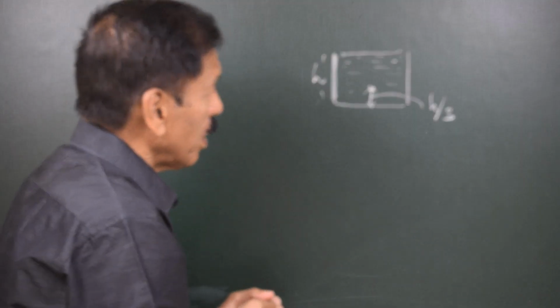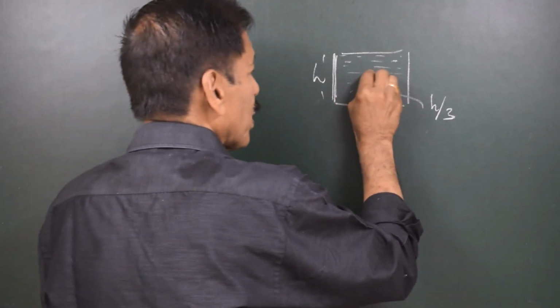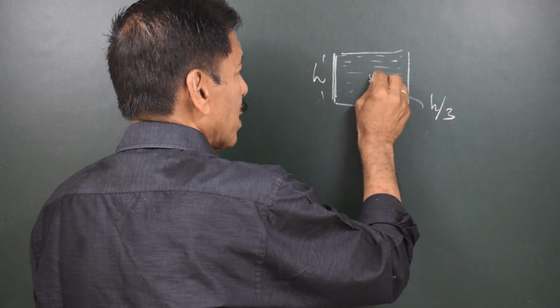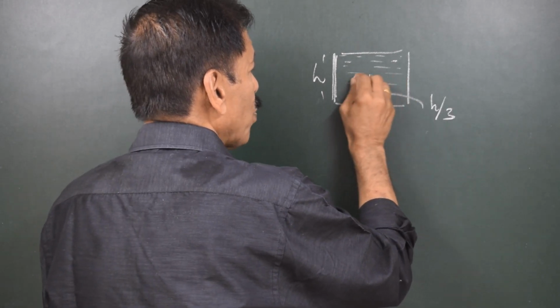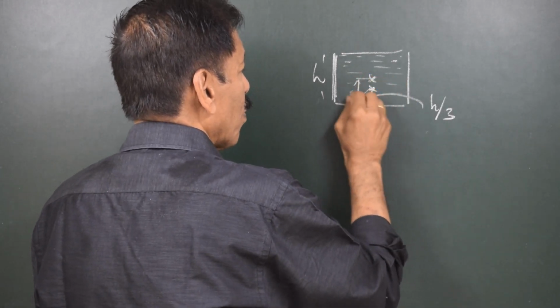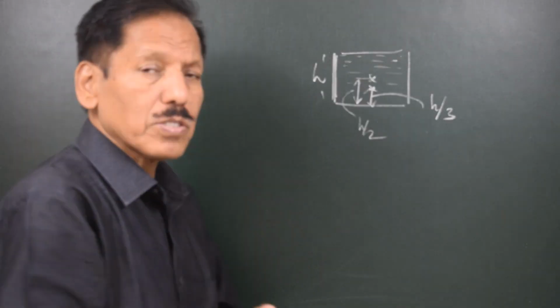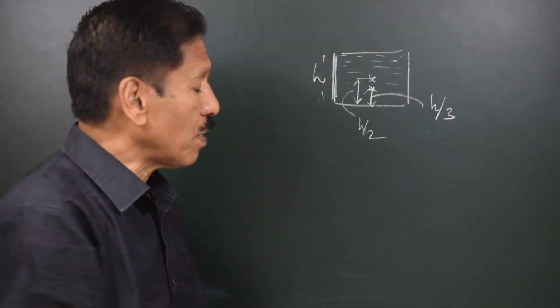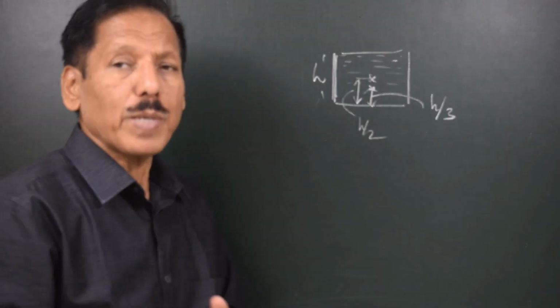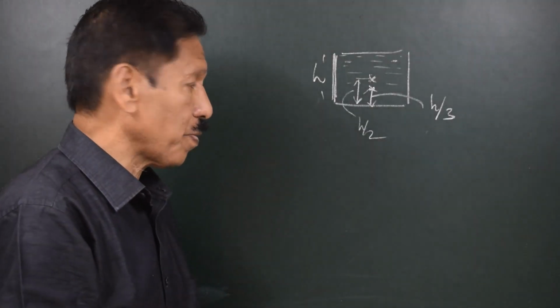Now point to be noted is the centroid of the bulkhead is h by 2 from the bottom and center of pressure is h by 3. This usually you will see in different calculations that the center of pressure is generally below the centroid.